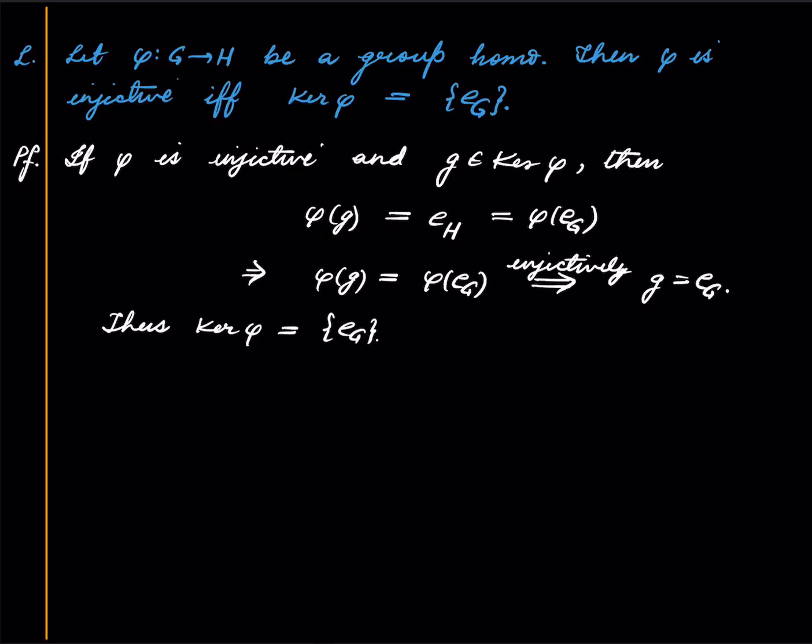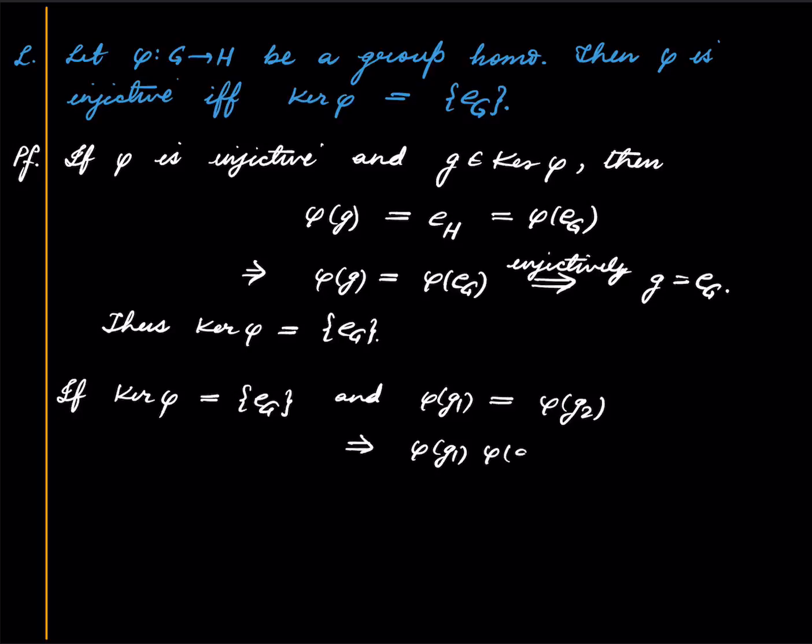And the reverse direction is, now suppose kernel phi is the identity and phi G1 equals phi G2, then we want to show that G1 equals G2. Then we have phi G1 times phi G2 inverse is the identity of H. All we did was multiply by this thing on both sides. Now by the property we discussed earlier, this inverse symbol moves inside.